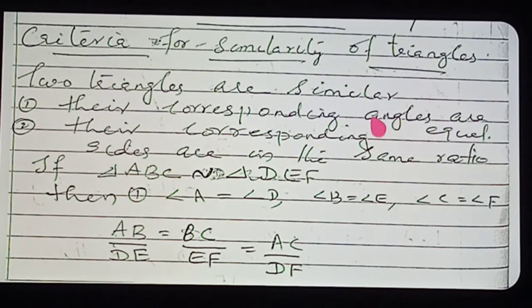Corresponding angle means the angles in the corresponding positions, and corresponding side also has the same meaning. You can see here, angle A is in the same position as angle D. So angle A and angle D are equal. Angle B and angle E are equal. Angle C and angle F are equal.